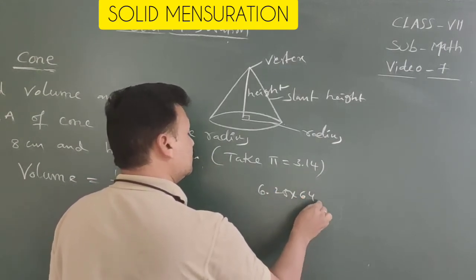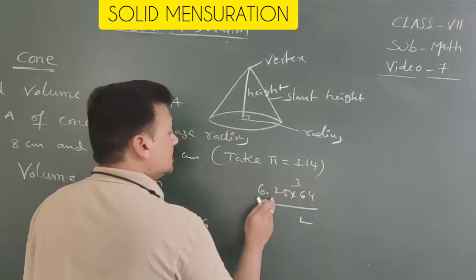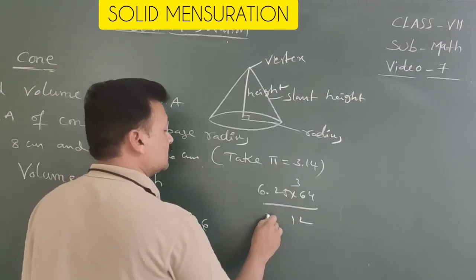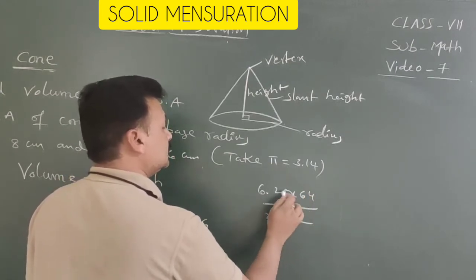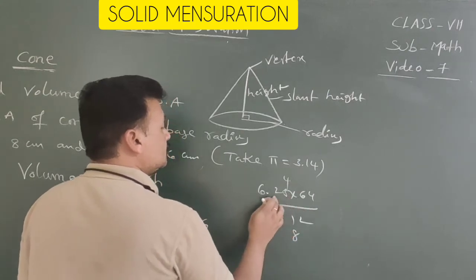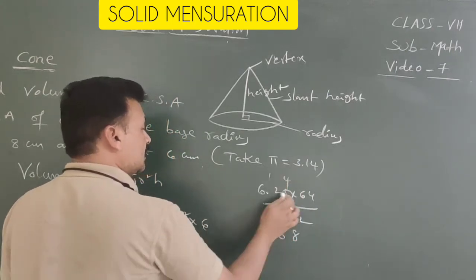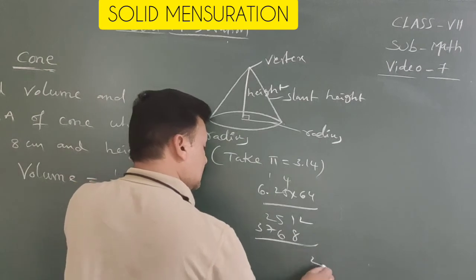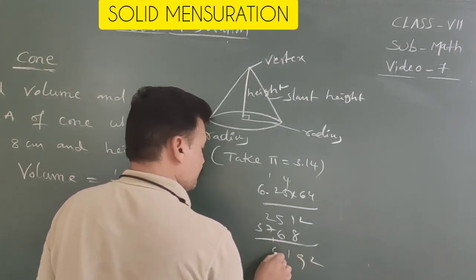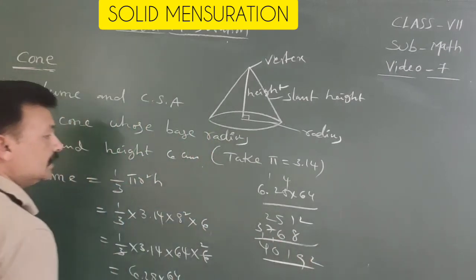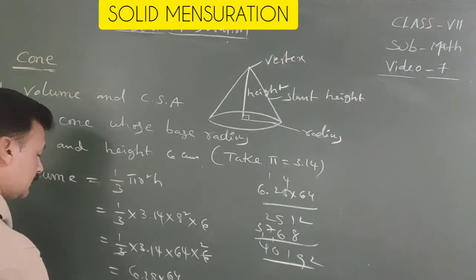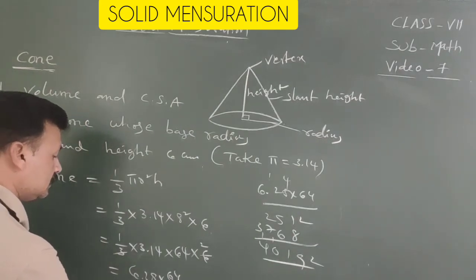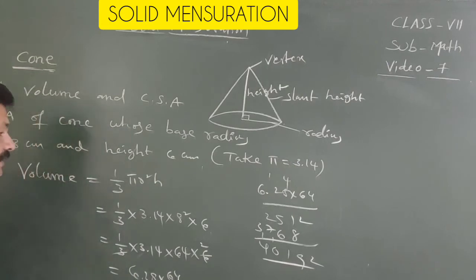After multiplication, 401.92 centimeter cube is the volume of the cone.